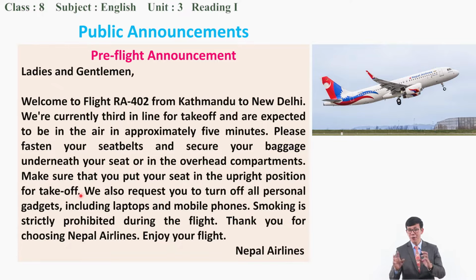This is very important when we are making flights. Why do we need to put the seat in the upright position? Good. This is for safety measures in case there is an emergency.